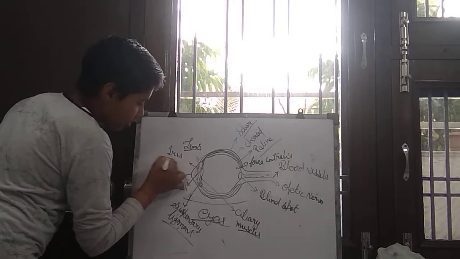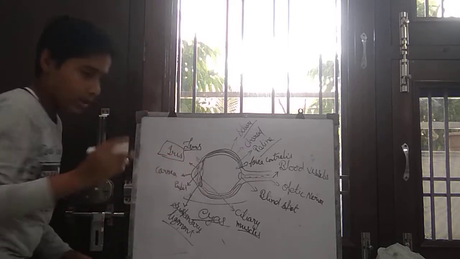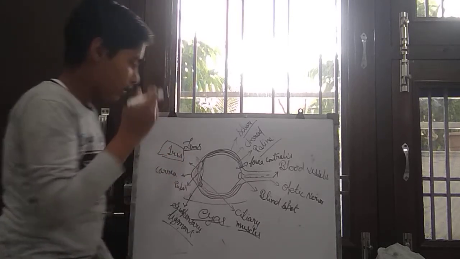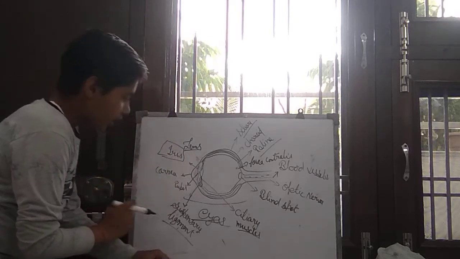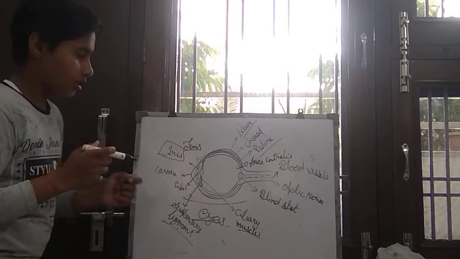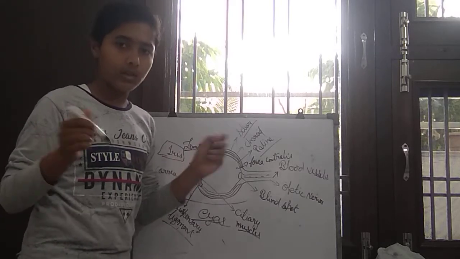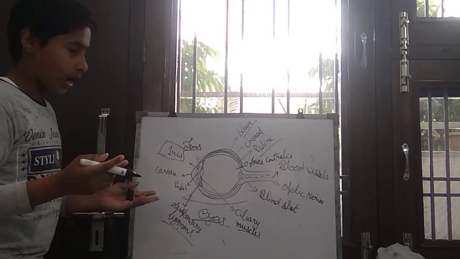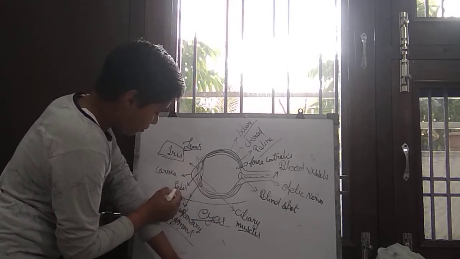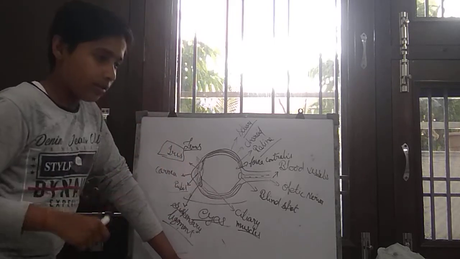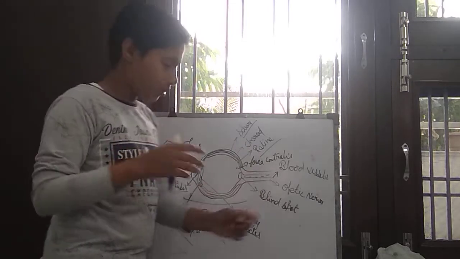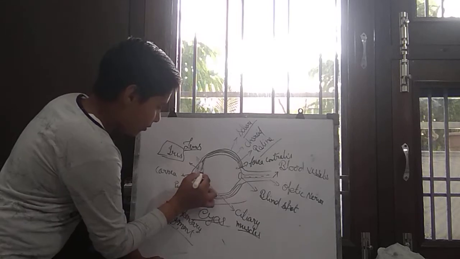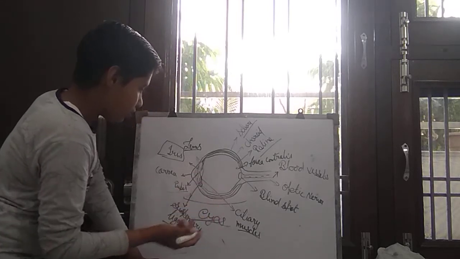Iris gives the color to the eye: green, blue, black, etc. And friends, the iris holds the pupil. This is the pupil. This is a hole. I told you before that light enters through the pupil. After it, friends, the lens. I told you.